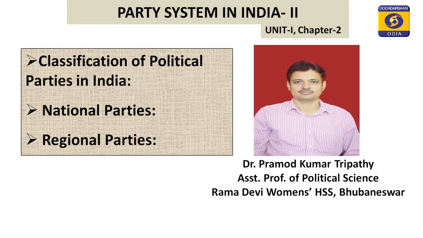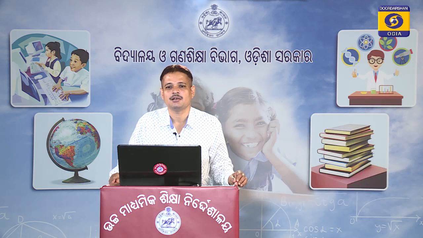I told you that there are as many as 2598 registered political parties as of today. It is very difficult to go on counting them one by one. As per our convenience we can divide them as national parties, regional parties and other registered parties, but this is not always the case.